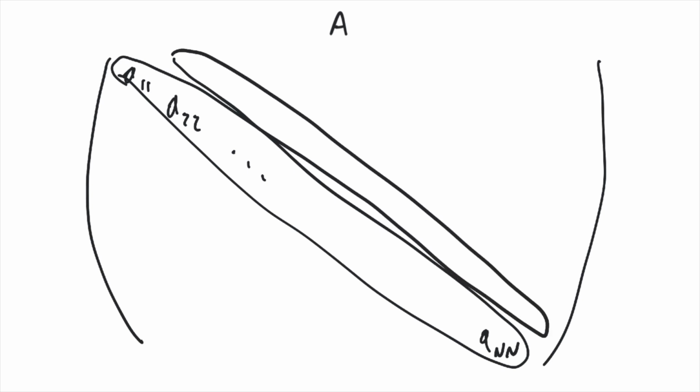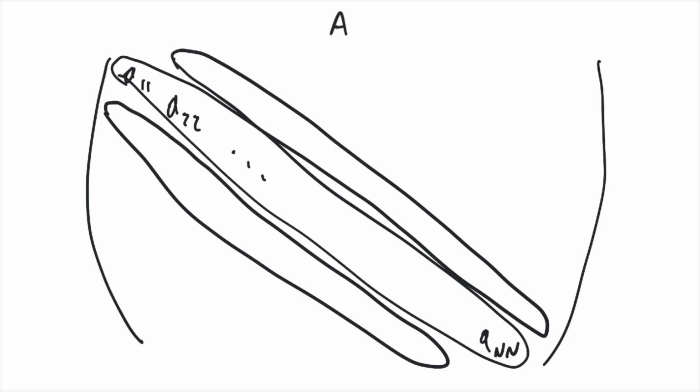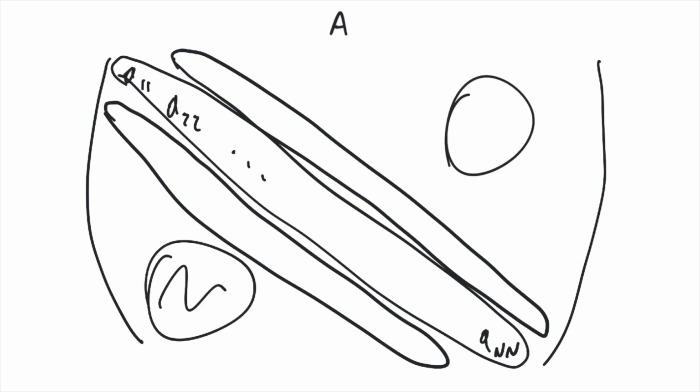So this is A11, A22, and so on until Ann, but you can also maybe have just two diagonals that are non-zero, and then all zeros here and here.